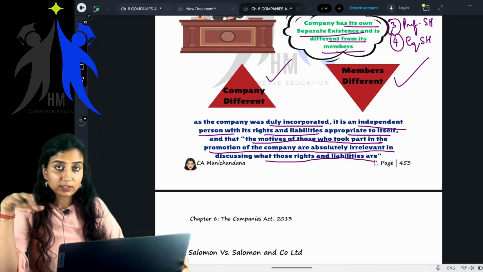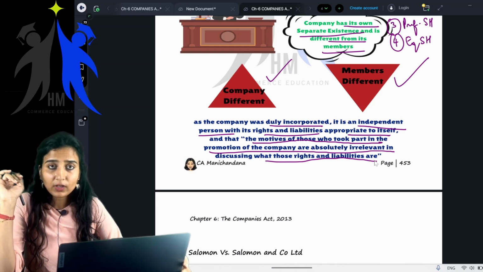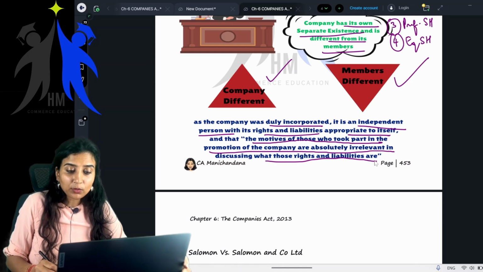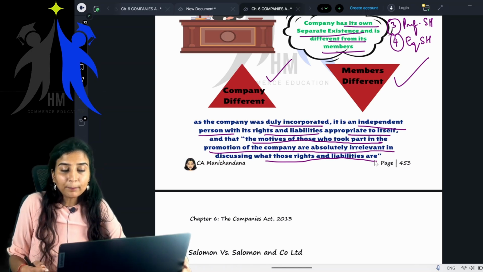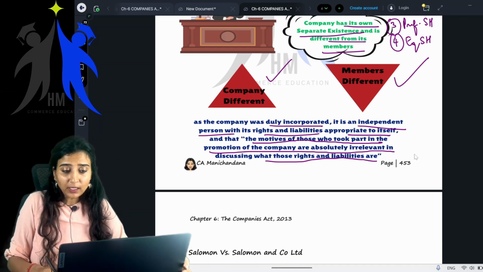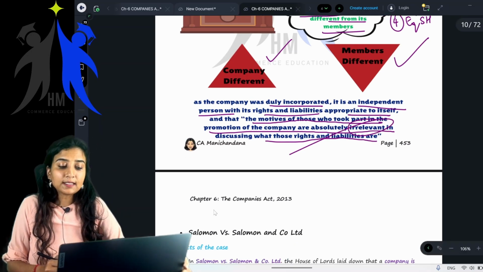This case law was in the 1890s or so, UK case law at that point of time. So they're telling that the motives of the promoters of the company are absolutely irrelevant in discussing those rights and liabilities.